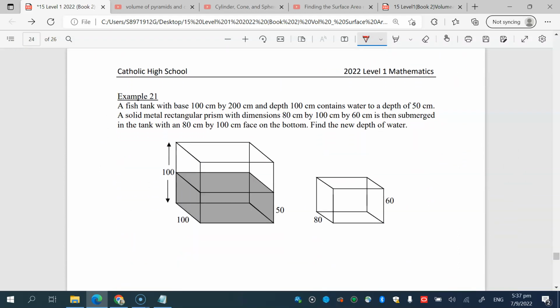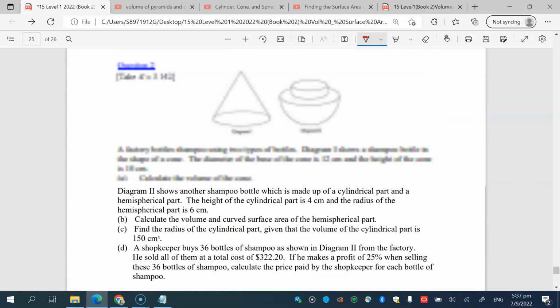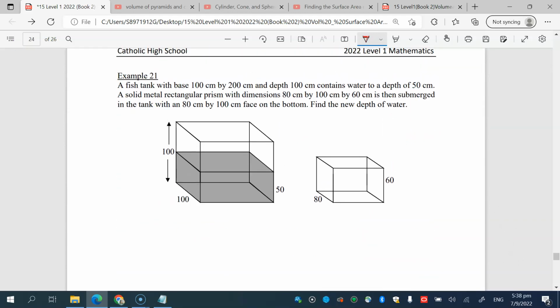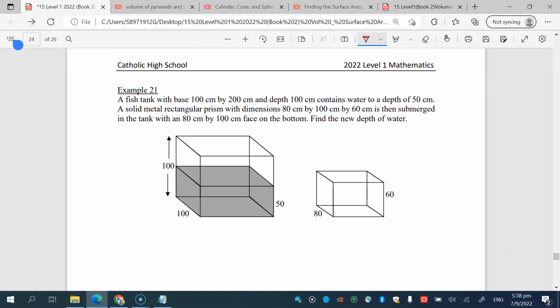All right, I think this is the last question of the chapter before your other homework questions. So let's go. This is easy. A fish tank with base 100 cm by 200 cm and depth 100 cm contains water to a depth of 50 cm. Okay, so the base is 100 by 200.